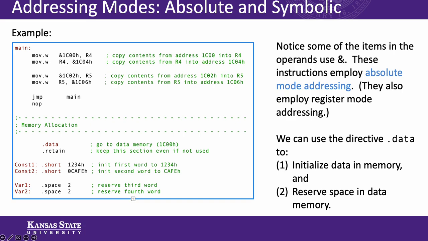Okay, we've got some moves there, and then you'll notice that at the bottom I have memory allocation. We've got a .data directive and then some more code there. The .data directive allows us to do two things: initialize data in memory and reserve space in data memory.